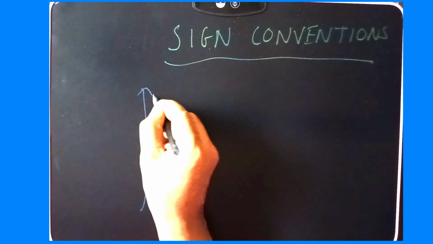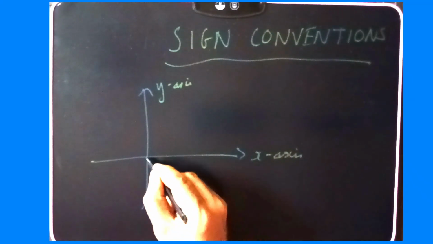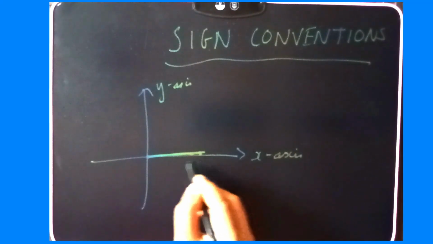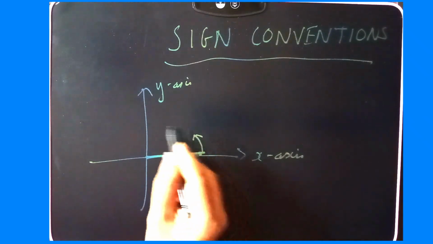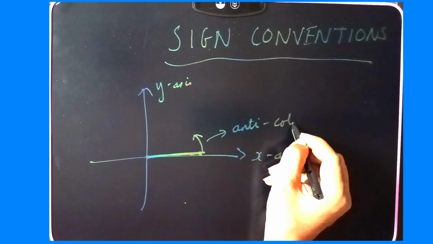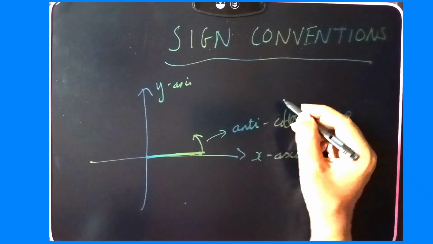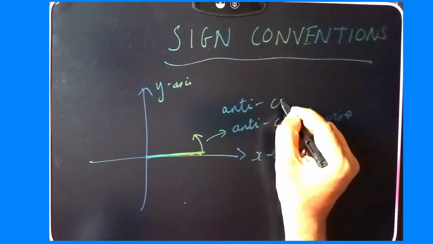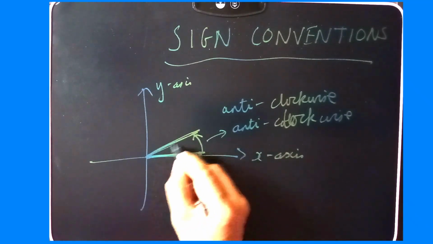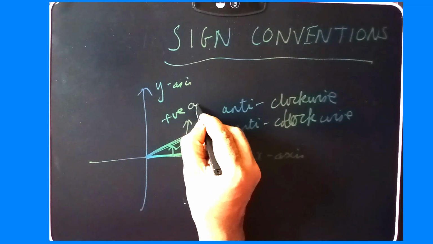Here if you have a y-axis and x-axis, and the rod which was stationary on the ground moves anti-clockwise, then this rotation angle is a positive angle.